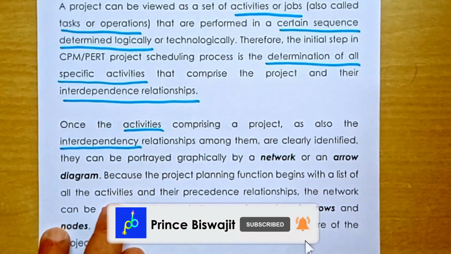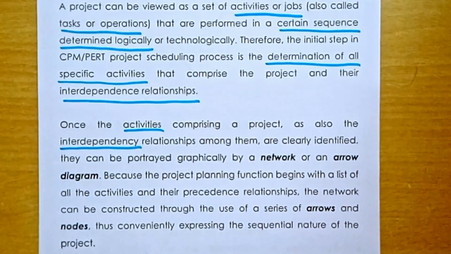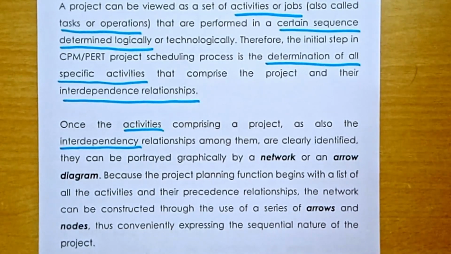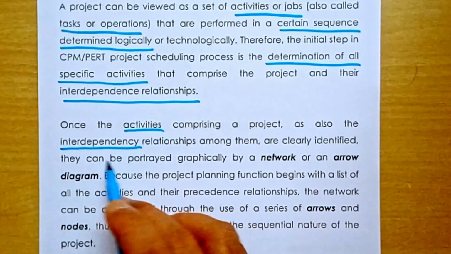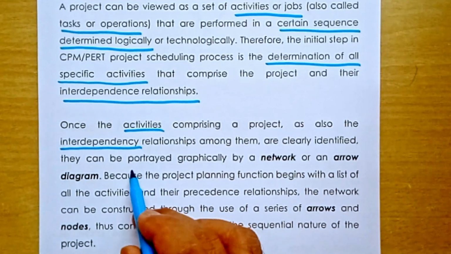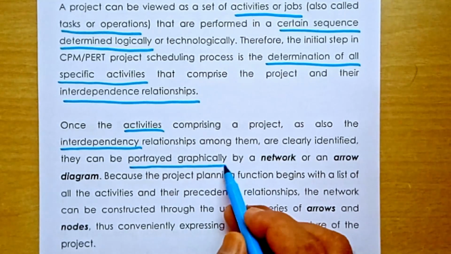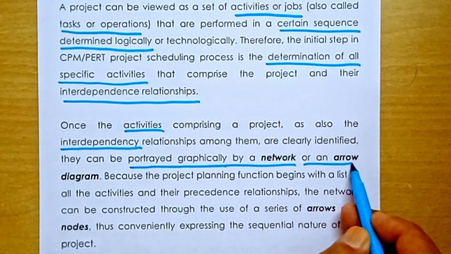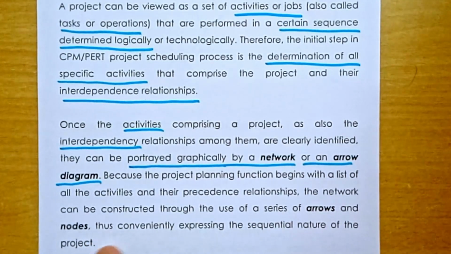these activities along with their interdependency relationship can be portrayed graphically by a network or arrow diagram. After these activities and interdependence are established, you draw the network diagram. You will see how this arrow diagram is prepared.